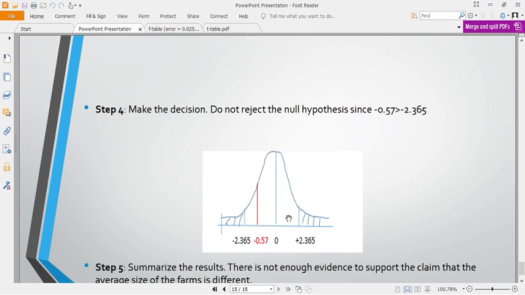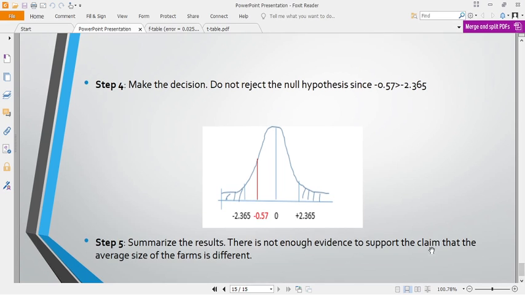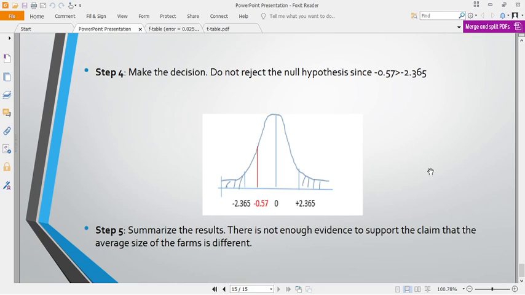Therefore we do not reject the null hypothesis. There is not enough evidence to support the claim that the average size of the farms is different. Even though the scenario indicated that they are different, there is no statistical difference. So that's it with testing the difference between two means.